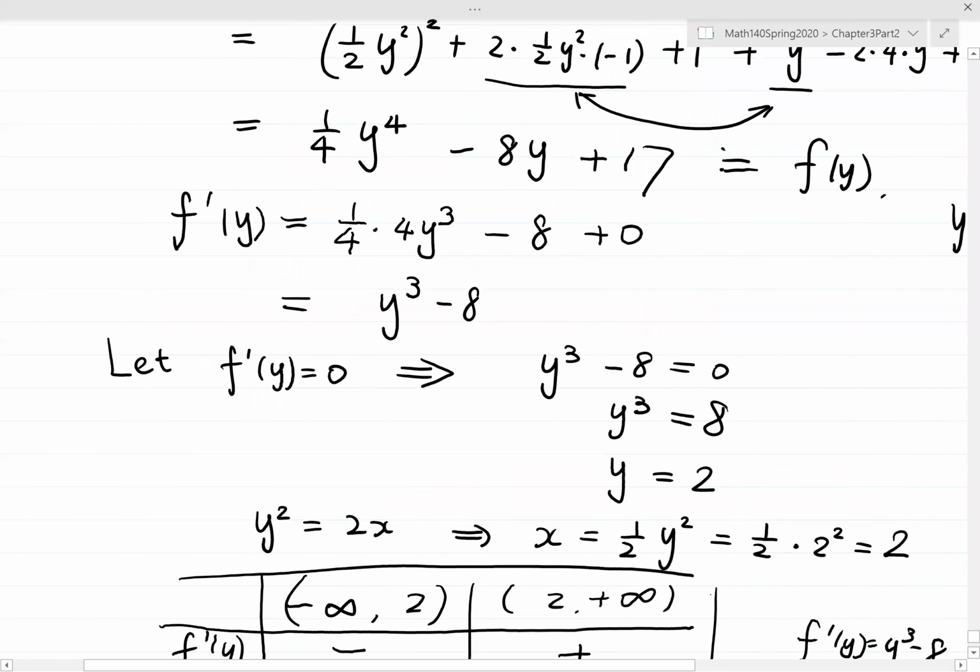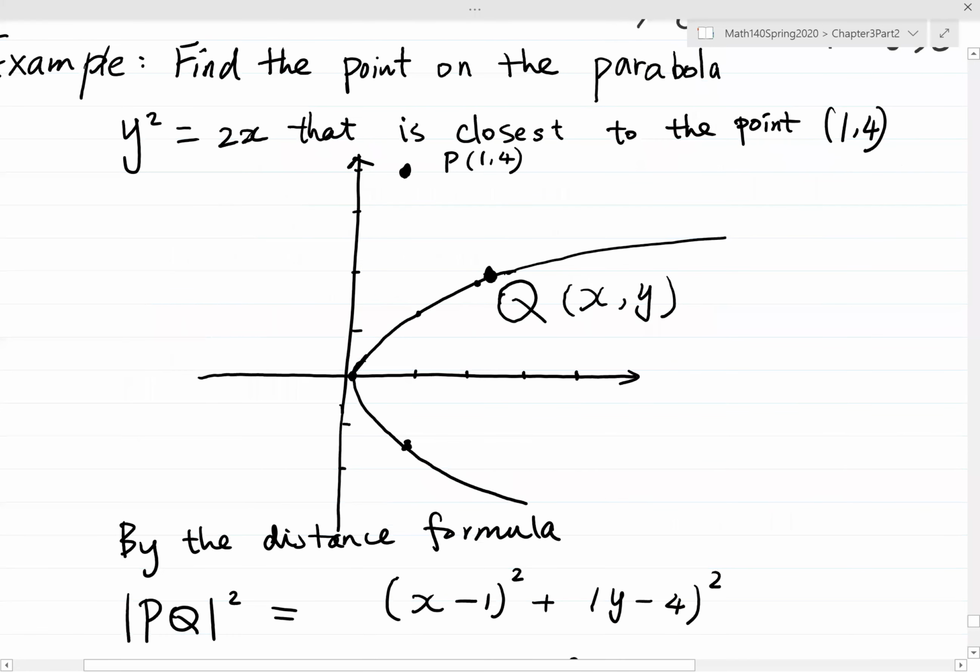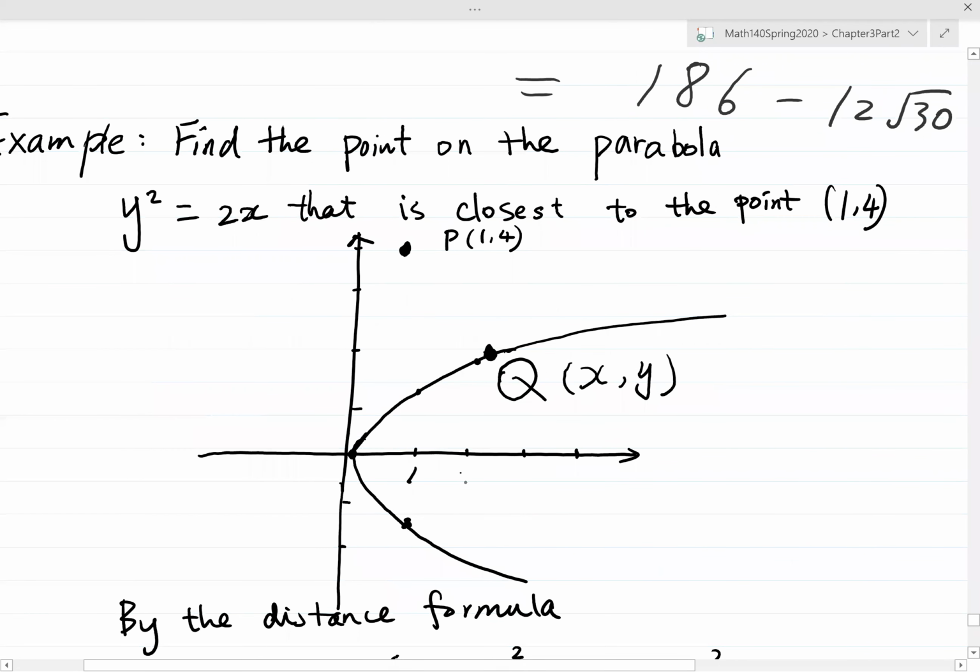Okay, you see from the picture, this is 1, 2, 3, 4. Now you see the point Q. What we plot in this rough graph, you see Q is really close to the point (2, 2). So actually this Q is (2, 2). This (2, 2) is the shortest point. In this case, the distance is the shortest.